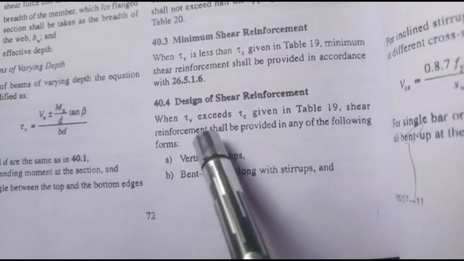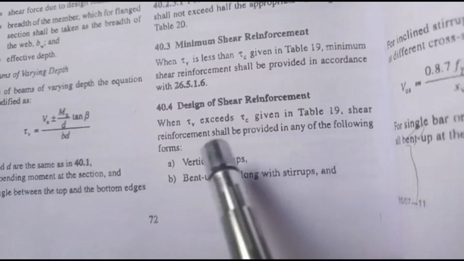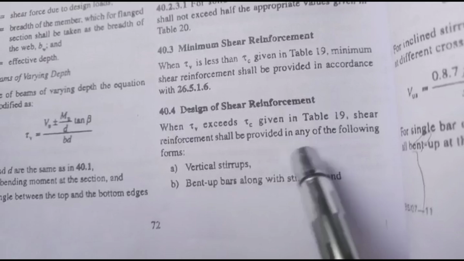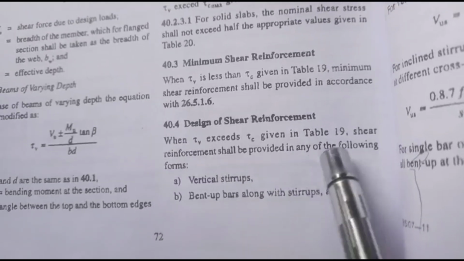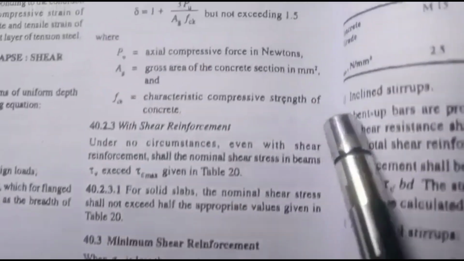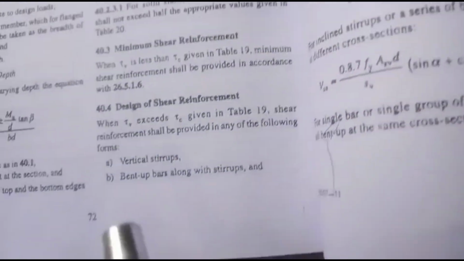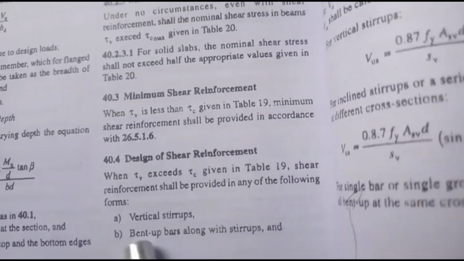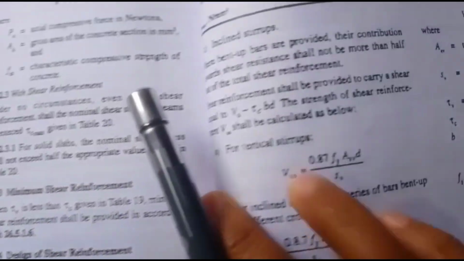When our tau V exceeds tau C, that is nothing but when tau V is greater than tau C, shear reinforcement shall be provided in any of the following forms. That may be vertical stirrups, or bent-up bars along with stirrups, and inclined stirrups. So when our tau V value is greater than tau C, we need to provide the shear reinforcement in any one of these following forms.